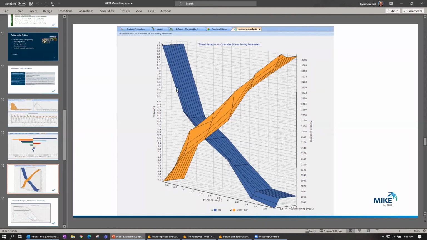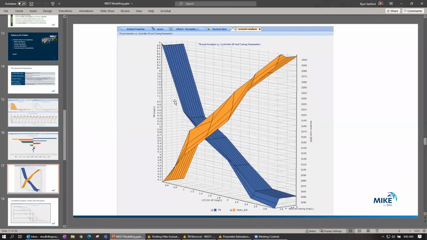And here we're looking at the objective functions total nitrogen, and I added another one, aeration cost. And in the x-axis, we have that parameter that we saw was particularly sensitive, DO set point in tank 2, and the nitrate tuning parameter in the z-axis.